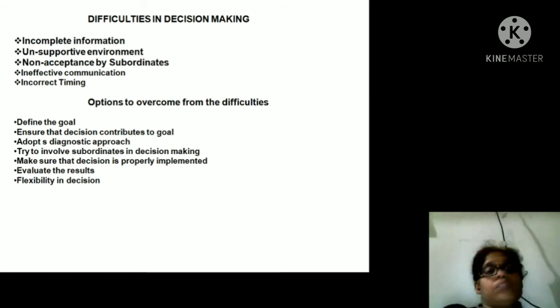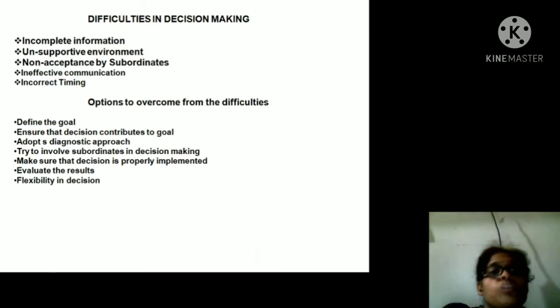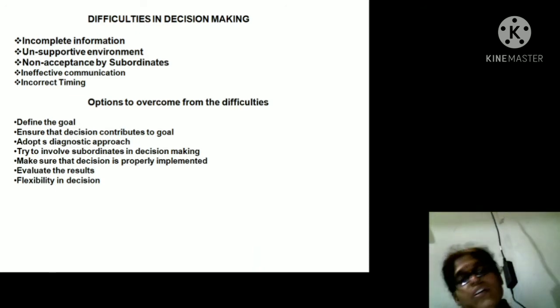Incorrect timing. Proper timing is required. There is a problem which employees are facing in their production department. They have told their managers to take a decision since 8 days, 7 days, 6 days. The problem has arisen, but the managers are not supporting the employees, they are not giving the decisions within the time.